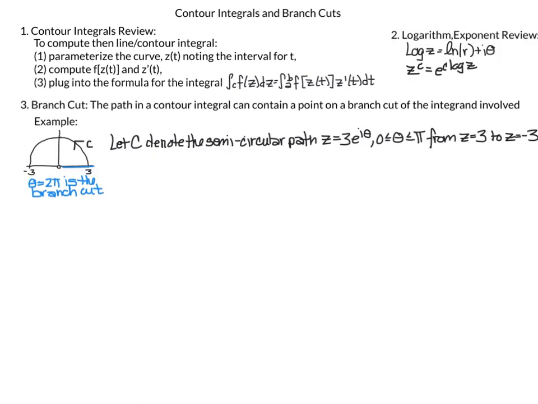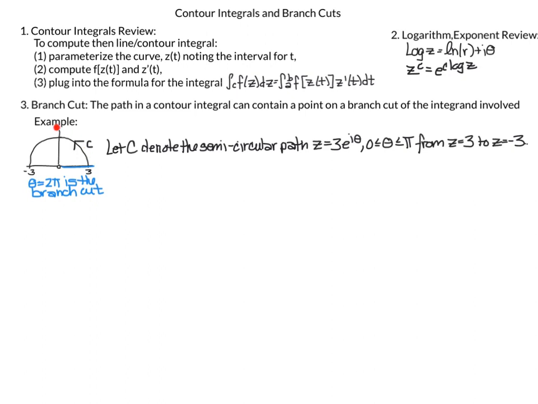For this problem, we want to integrate a function f of z, which I will show you in a minute, around this path C. It is a semicircular path, only the top half of a circle, and you can see the radius is 3, so we have z equals 3 e to the i theta, and what gives us the top half is parameterizing that theta will go from 0 to pi.